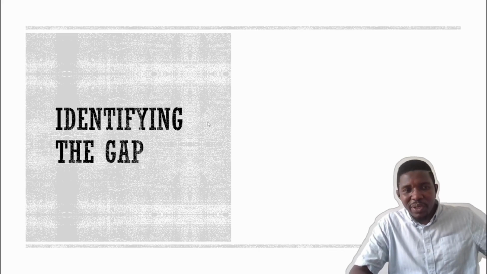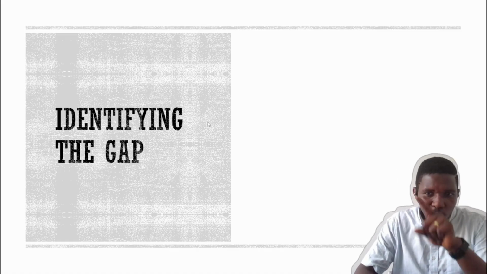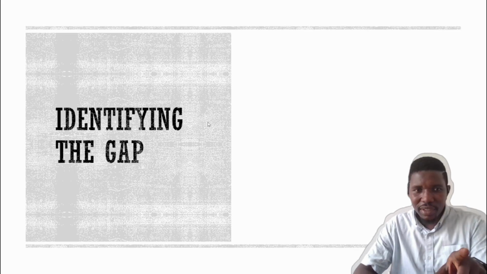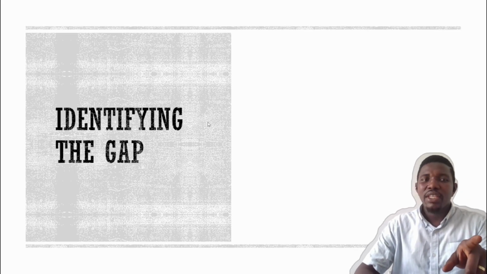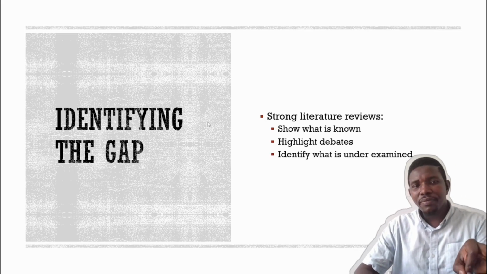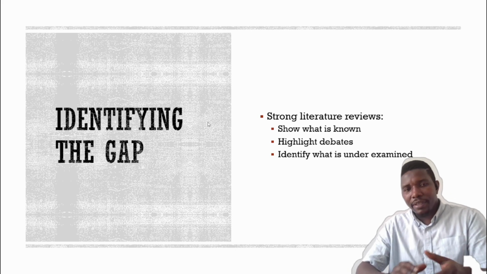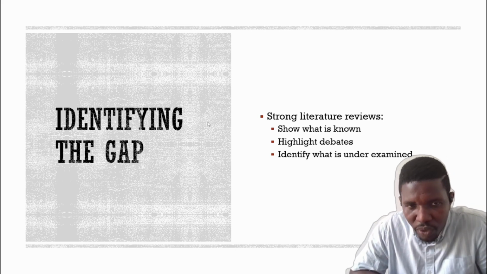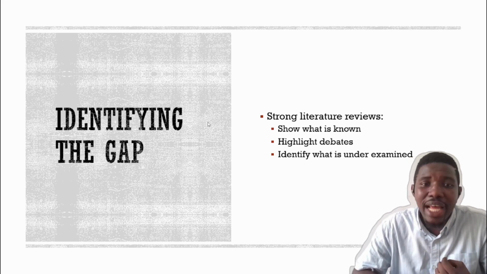So now, let's talk about identifying a gap. I have a full video on this. Go back to my video list; it's the video published just before this one. You will find it very interesting, and it comes with a package, a worksheet. The first thing is that a strong literature review will show us what is known, what has been done.